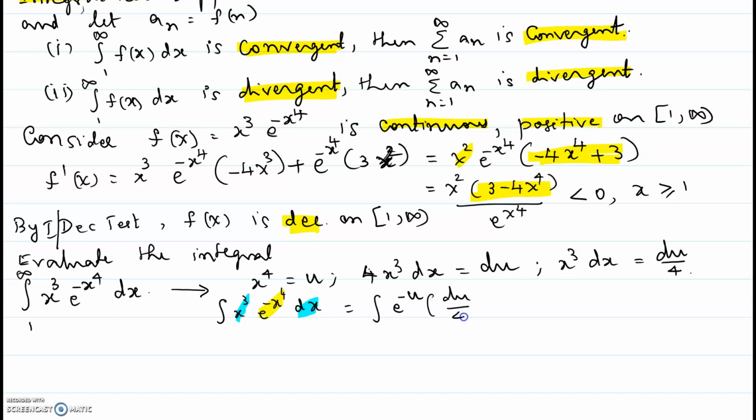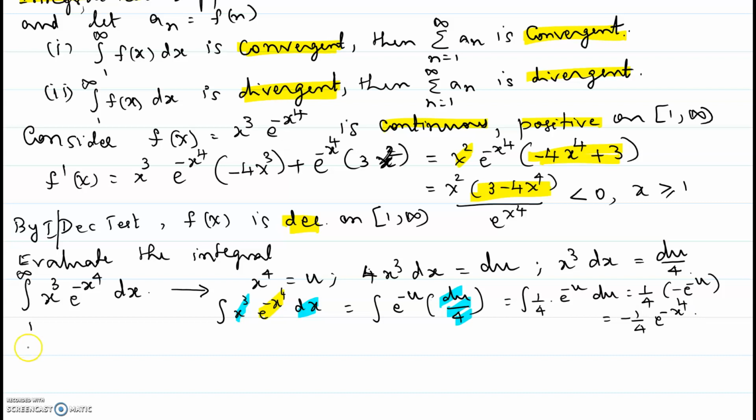So we can write this as the integral of 1 over 4 e to the negative u du. If we convert this back to the original variable, it will be negative 1/4 e to the negative u, which is replaced by x to the power 4.